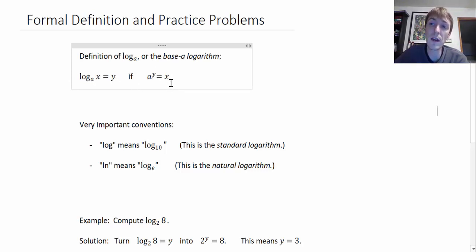So the way that you can compute log, at least in some simple cases where it's possible to compute by hand, is by turning an equation with a log in it into an exponential equation that we could then solve just thinking of powers of a. Okay, and we're going to see some examples of that down below.